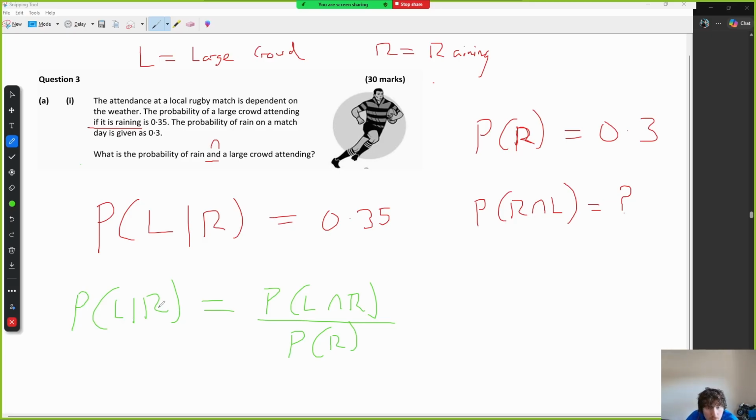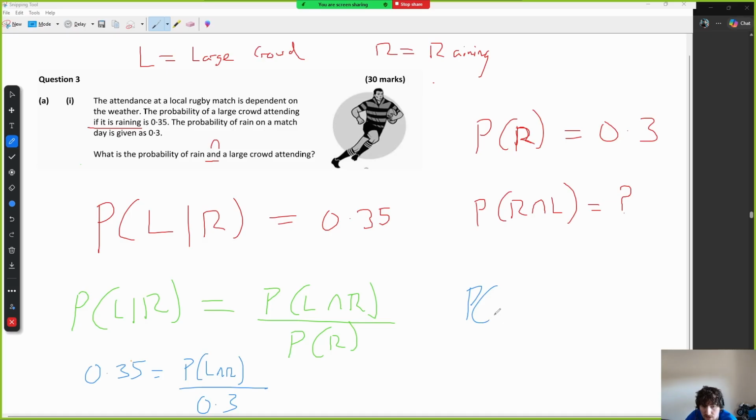So we could probably sub into this if we want and then move it around if that helps people. So we know this thing here is 0.35. We know this is L intersect R. And then on the bottom here is the probability of raining, which is 0.3. So then we can get our L intersect R, which is what we really want up here, R intersect L, the same thing.